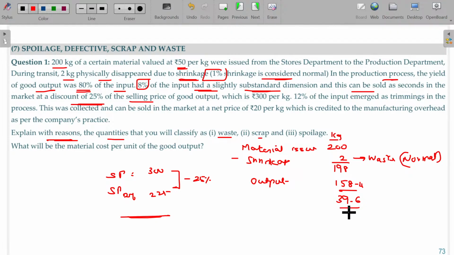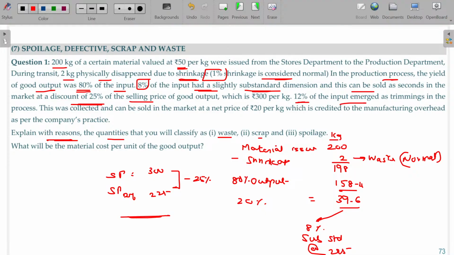In this, see, this is 80%. Then this will be 20%. In this 20%, 8% is substandard item, saleable at rupees 225.